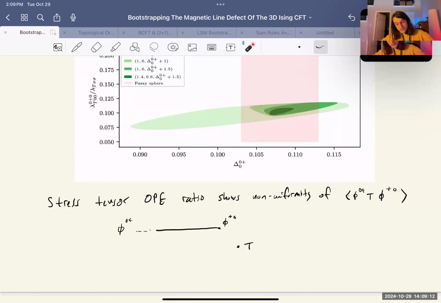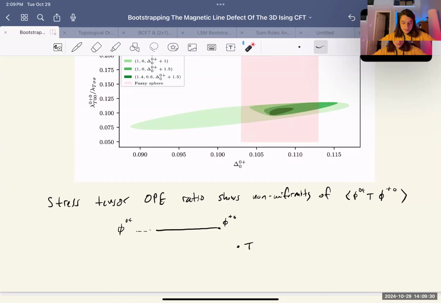But the integral of T around some spherical shell containing the defect should, by the Ward identities, give me the scaling dimension, should measure the scaling dimension exactly of the defect.